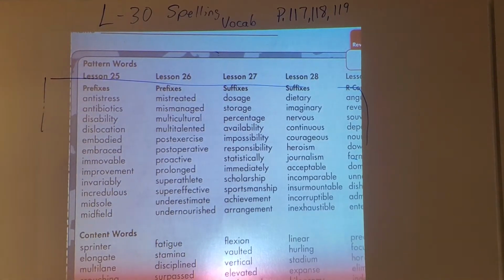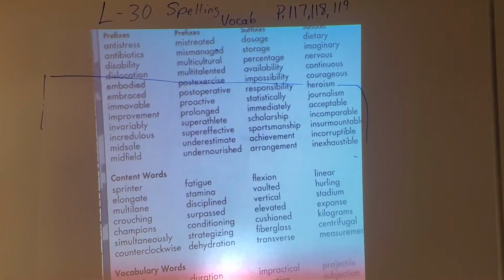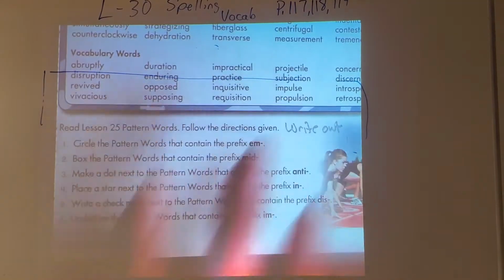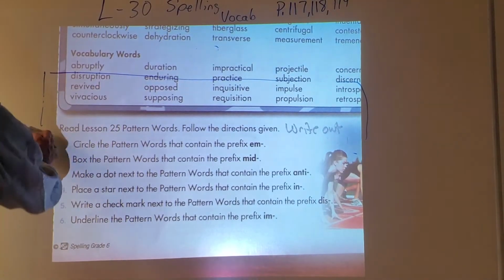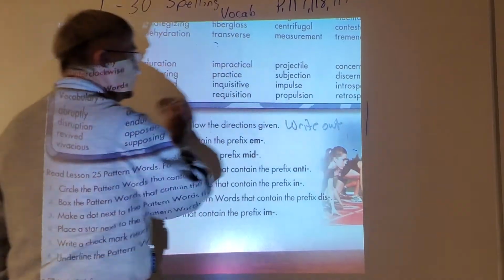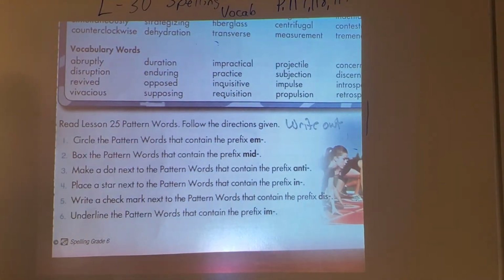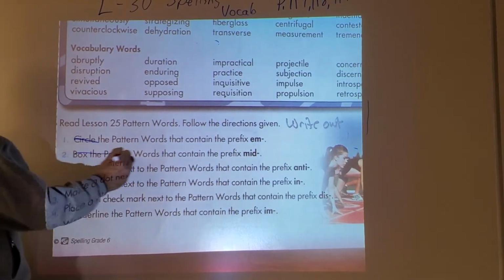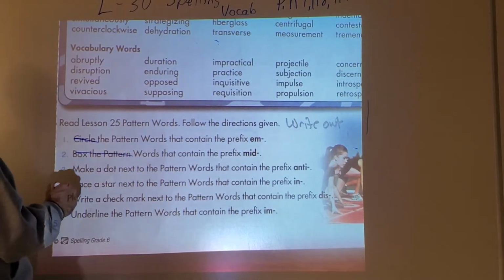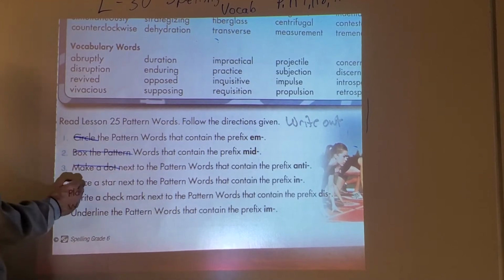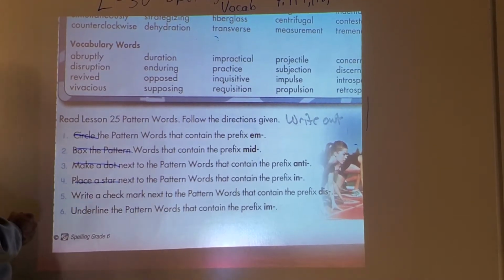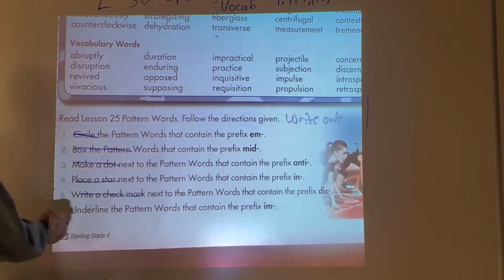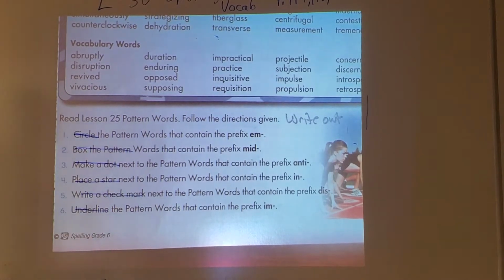So what you are going to do is follow the directions with some minor adjustments. On the computer, you're going to type out. You're not going to circle, you're not going to box, you're not going to make a dot, you're not going to place a star, you're not going to write out a check mark, and you're not going to underline, because we can't do that on the computer.